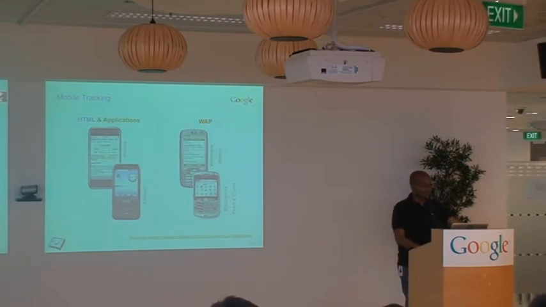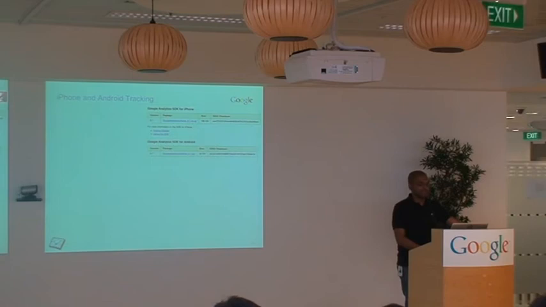So the nice thing with Google Analytics is back in October, we released SDKs for iPhone and Android. So if you're building applications for these platforms, now through your stores or your marketplace, you get some stats on how many people downloaded, installed, uninstalled your applications, but you're still running blind as to what are they doing in your application, which widgets are they playing with, which features are they using the most.